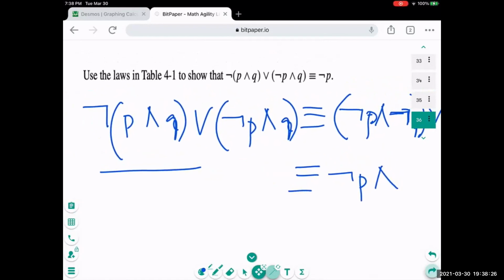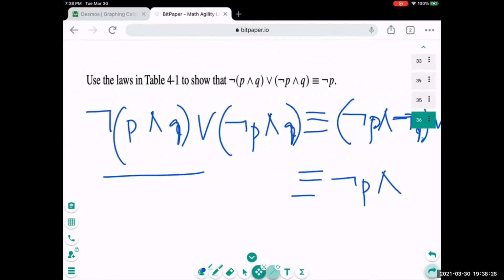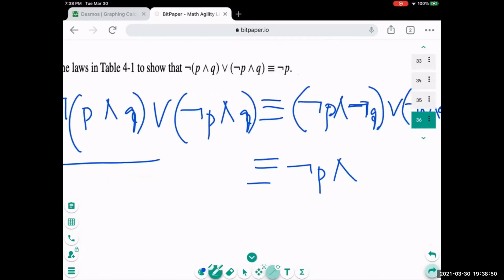Parang baliktad siya. Kasi yung given is ito. Dapat ito ay disjunction nga. Tama tayo.